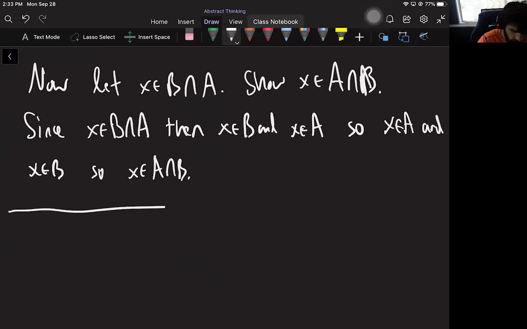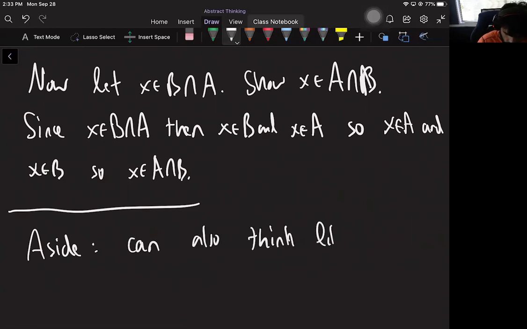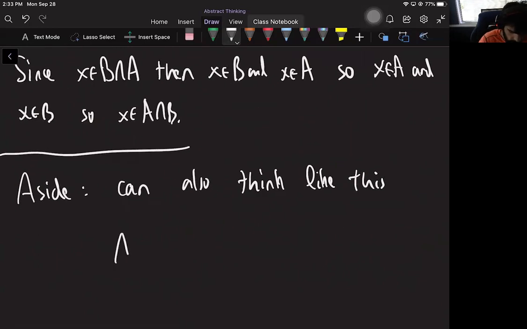So just as an aside, I might do this later, but you can also sort of think like this. You can write down the definition of A intersect B. And then you can just sort of work with that.